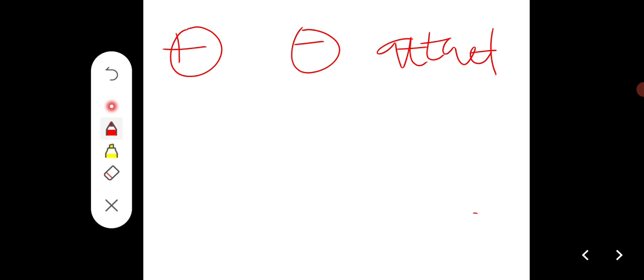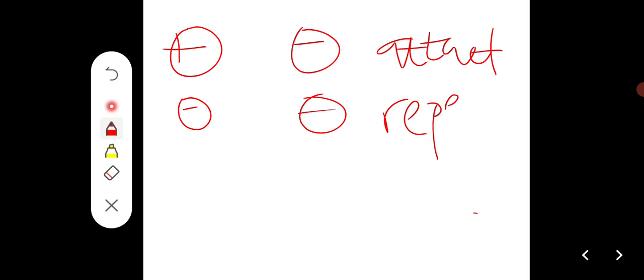When both balloons become negatively charged and you bring them closer, you have a negative charge and a negative charge, which will cause repulsion. So unlike charges attract, whilst like charges repel. That's the first principle we talk about under electric charges.